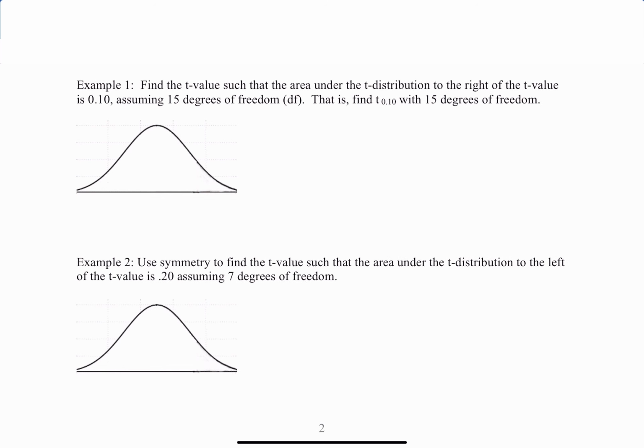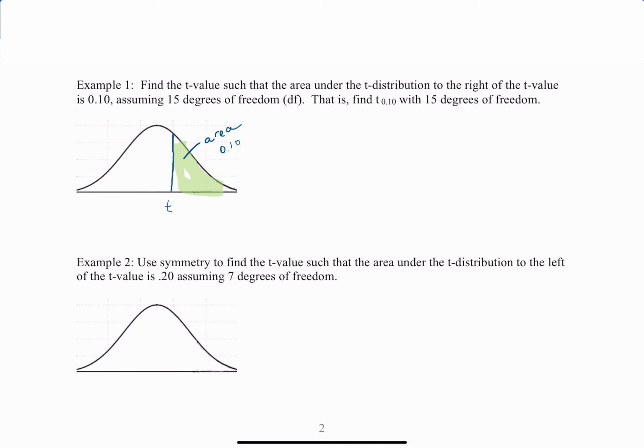First, let's find the t-value such that the area under the t-distribution to the right of the t-value is 0.10, assuming 15 degrees of freedom. In other words, we want to find the t-value right there that would correspond to the area there to the right being 0.10.